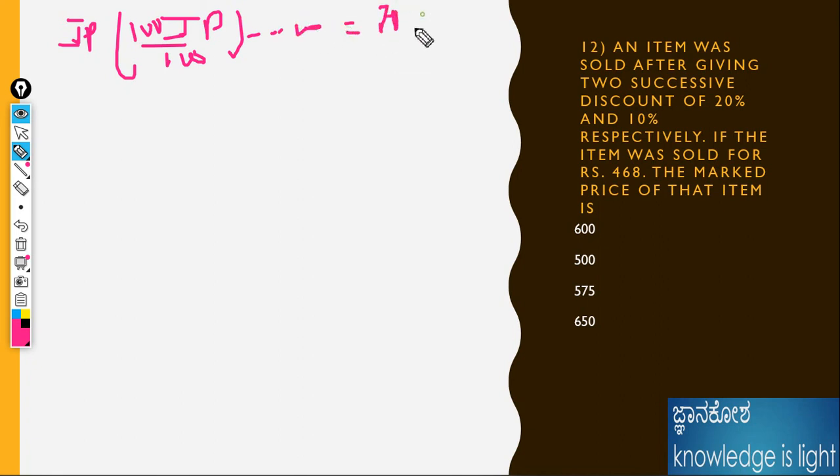Initial I told when I started the session. What is the sold value? Final price is given, 468. I am taking here only 468. Therefore, the initial price we need to calculate, that means the marked price only.